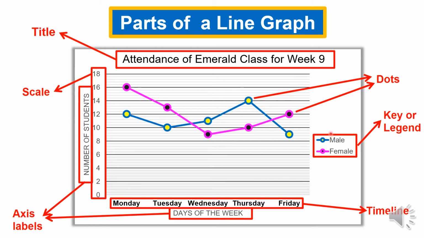Since this is blue, male, there are 14 males who are present on Thursday. And that is how you read your line graph. And overall in this circle, that is our data in progress. So these are all the parts of a line graph.